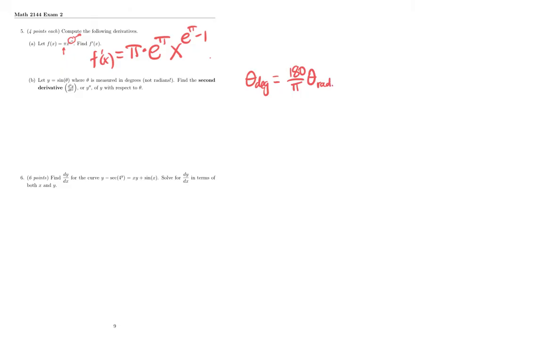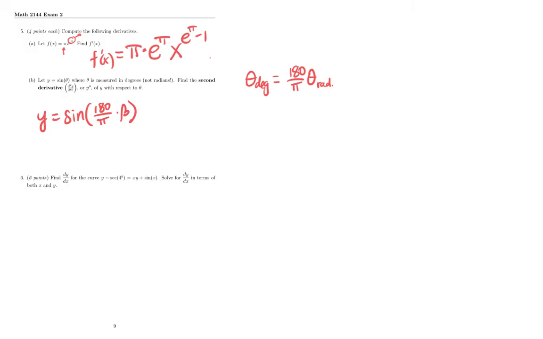So maybe I'll use a different variable here. So if y equals sine theta, so y equals sine of, I'm going to call it 180 over pi times beta, I don't know, there.